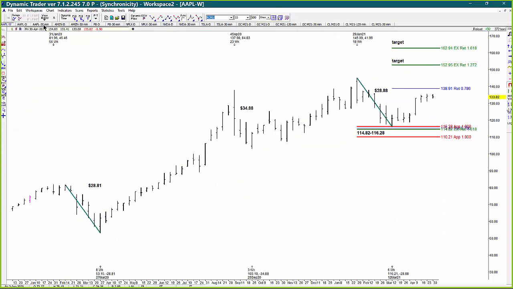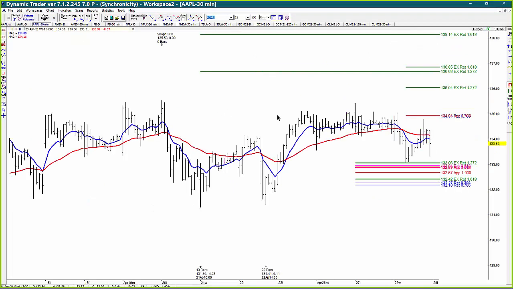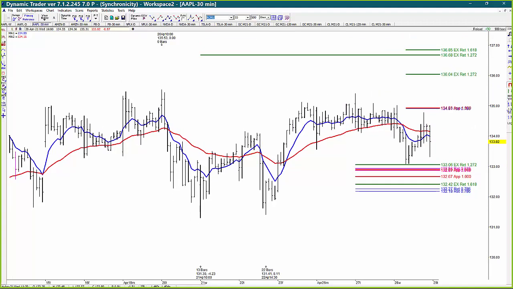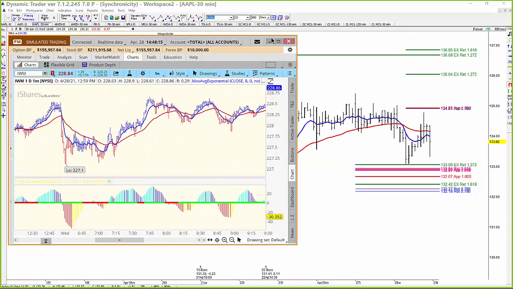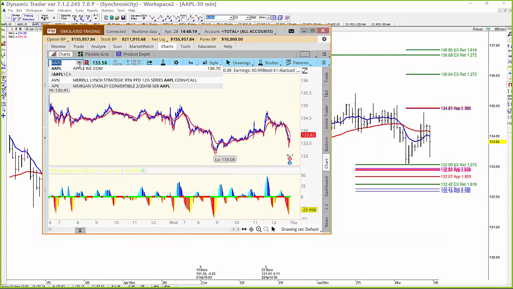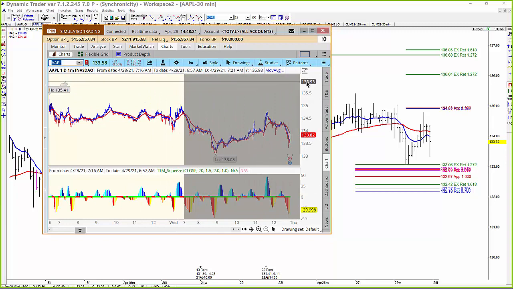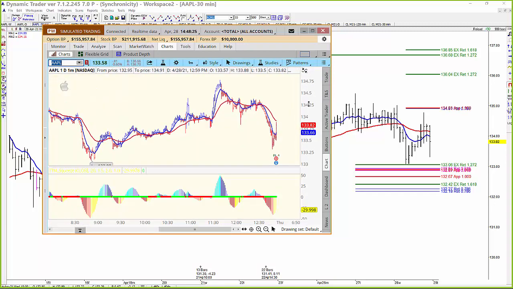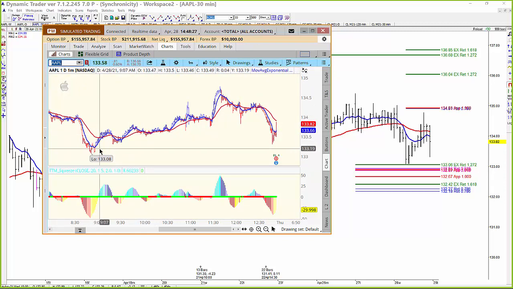All right, like Apple, for example, when it pulled back this morning, could you have used that for a day trade decision when it tested support? And again, if you wanted to use the faster trigger, that would have gotten you in earlier.